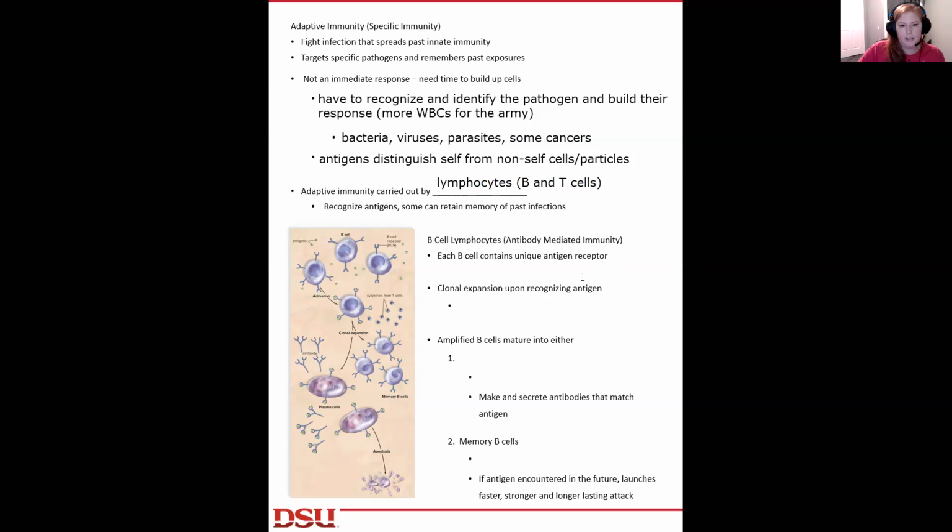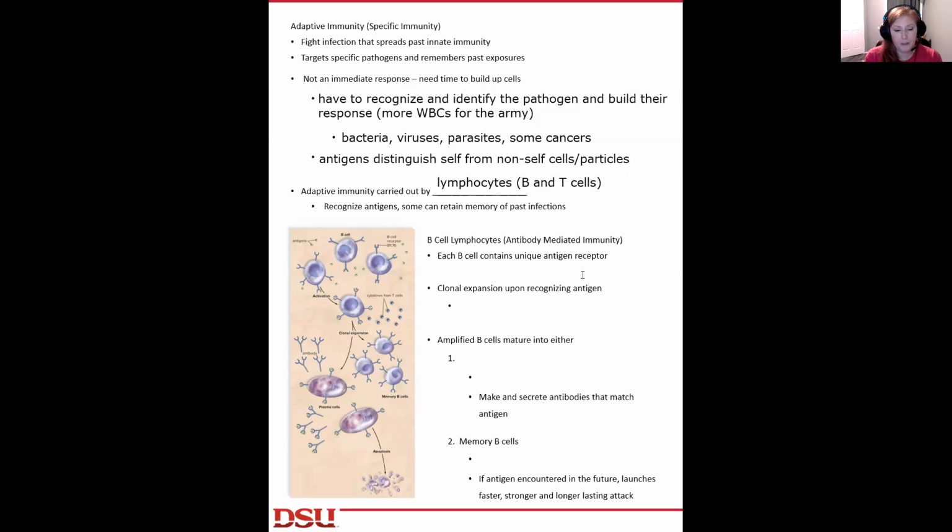Notice here that it says that B cell lymphocytes are part of antibody-mediated immunity. What this means is that you have B cells that are left over from past infections. So after an infection has been cleared up, some of the B cells stay behind because they're going to be looking, as the assassins that they are, for any sign of that invader again. So they circulate in the blood.